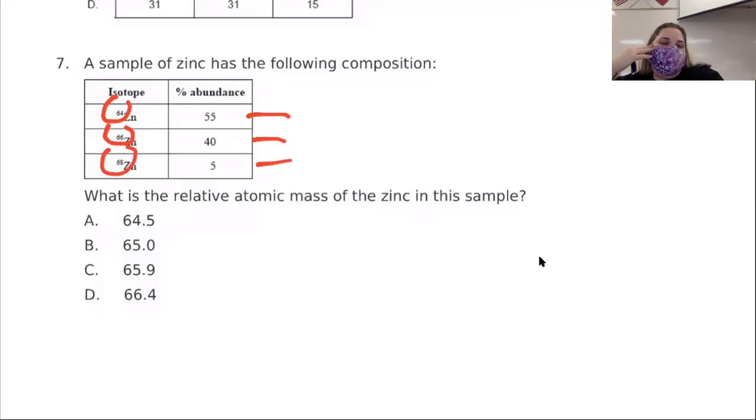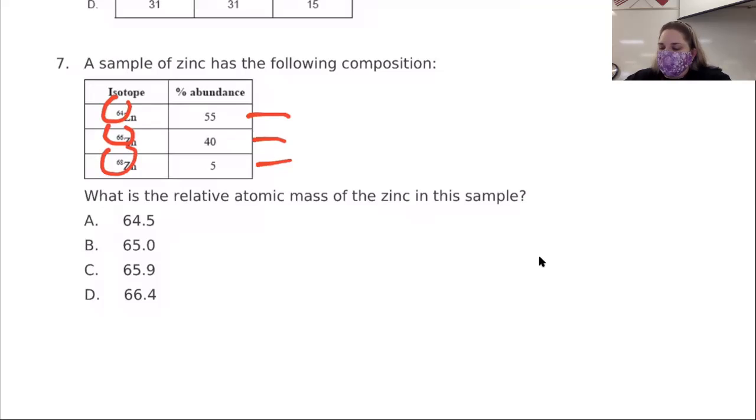Now, I will tell you, I think this is an old question because this one would probably not be on our test because we don't have a calculator, right? And since there's 3 isotopes, they're not all split equally. This would be a pretty difficult one to do without a calculator. So more than likely, instead of having answer choices like what they have here, the answer choices might look more like the setup.